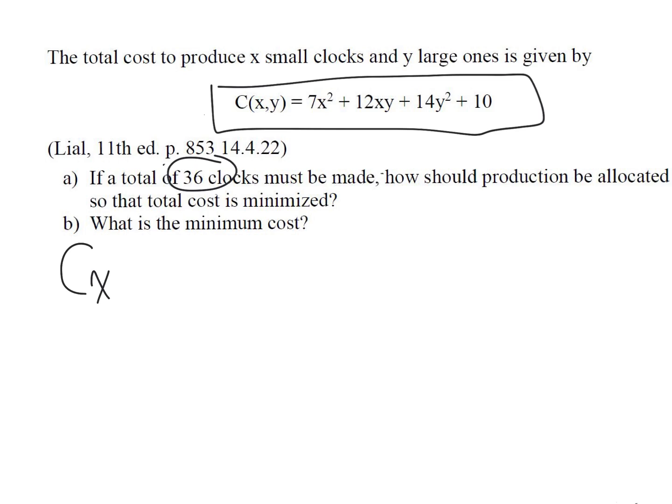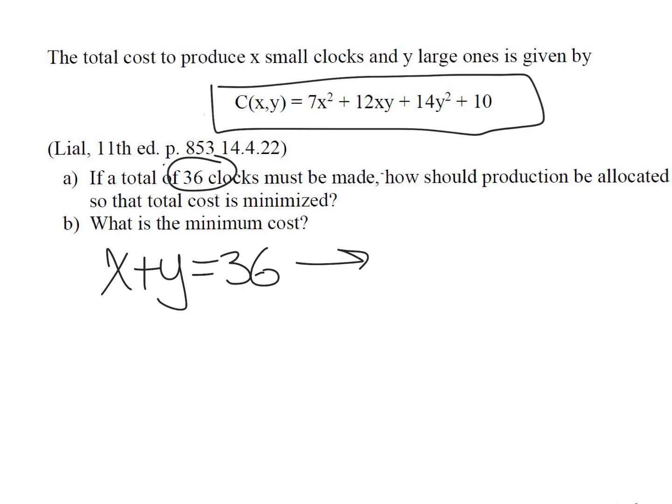So let's find our constraint function. And again, 36 clocks must be made. The constraint function is x plus y equals 36, written to equal 0, right?